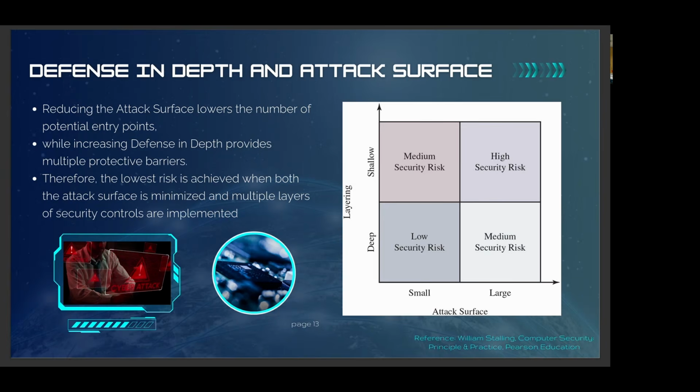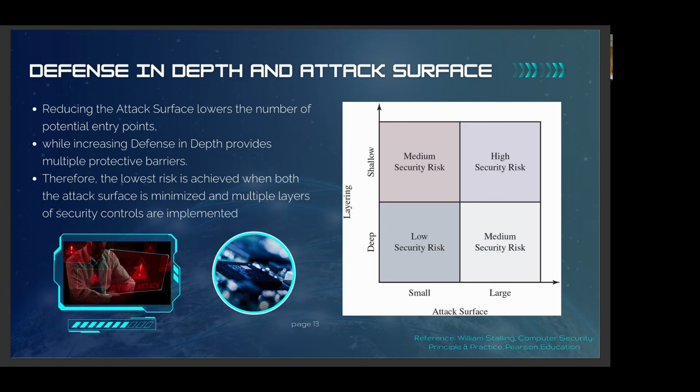If, for example, your defense is shallow, meaning there is some defense but another layer where you did not have proper defense, you will go to medium security risk if your attack surface is small. But if your attack surface is large, it will be higher. So you need to ensure you understand your attack surface and then how you implement your defense in depth.